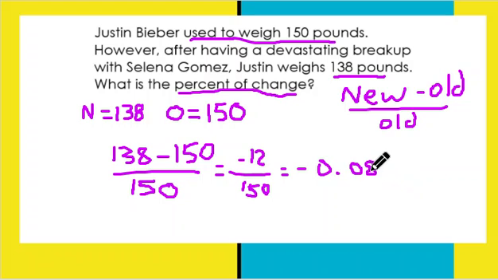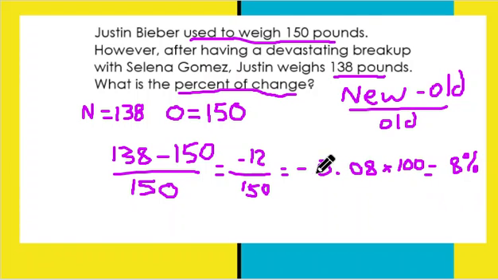Okay, so this is a decimal. We want to make this a percent because this is percent change. So once we do the new minus old divided by old, we times it by 100 to give us a percent. So 0.08 times 100 will equal 8%.